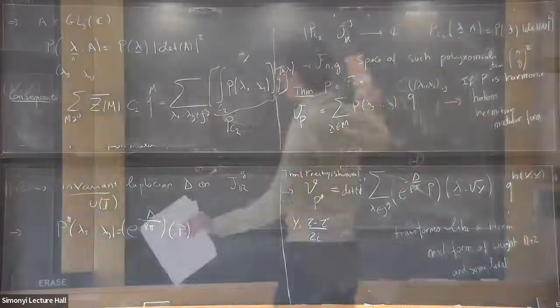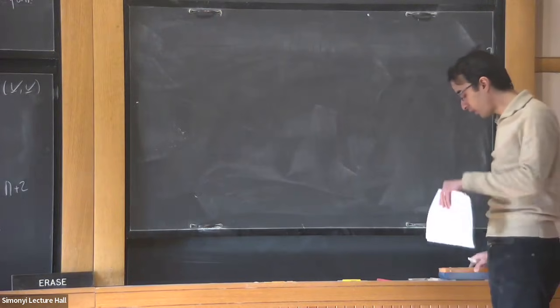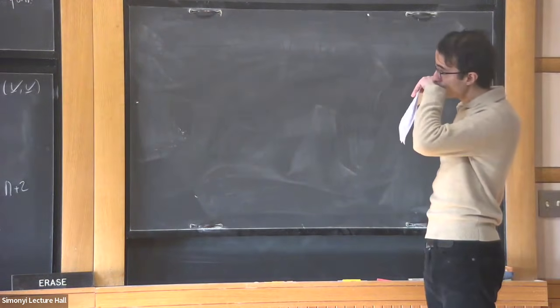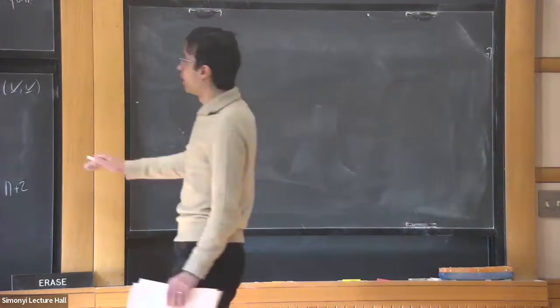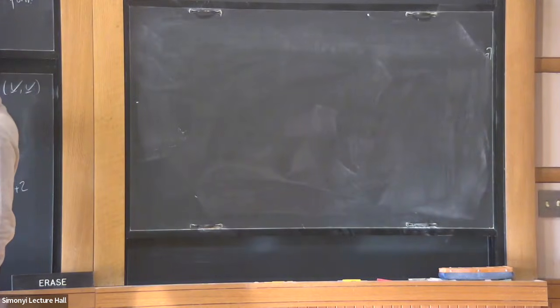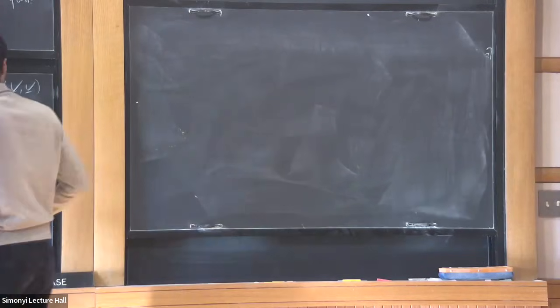Okay, so that's the first remark, why we take these exponential Laplacians. The second remark is about this exponential of the Laplacian. Because P is a polynomial, this is also a polynomial, because you're just taking derivatives, and after finitely many steps you're going to get 0.